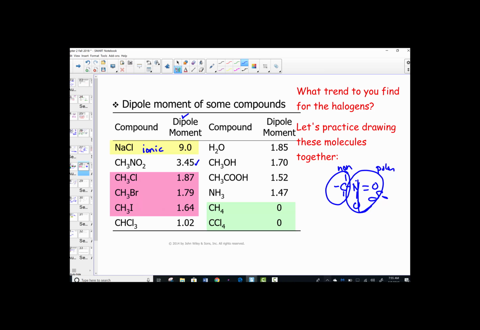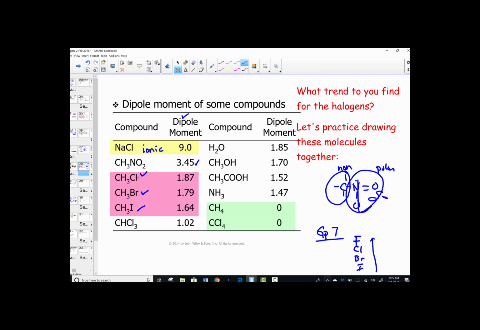Let's look at the trends for the halogens. We have a chlorine followed by a bromine followed by an iodine. Remember, group 7 are called the halogens. It goes fluorine, chlorine, bromine, iodine. Of course, fluorine is the most electronegative element, so electronegativity is highest with fluorine, then chlorine, bromine, iodine.